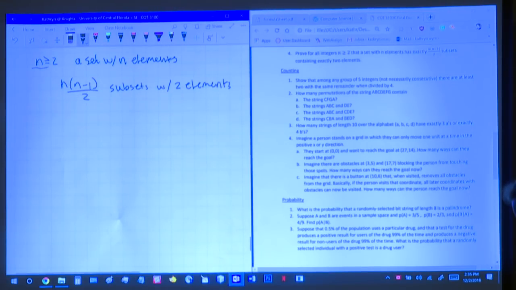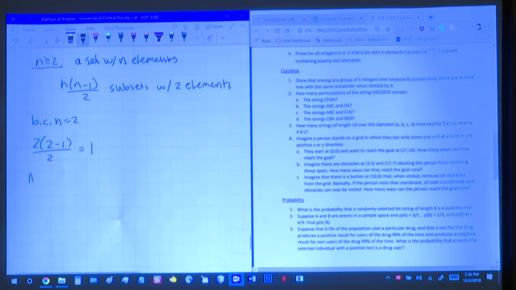So our base case would be n equals 2. And if a set has 2 elements, it has only one subset. So we could try by putting 2 times 2 minus 1 over 2, and that equals 1. And a set with 2 elements only has one subset that also has 2 elements, and that would just be itself.